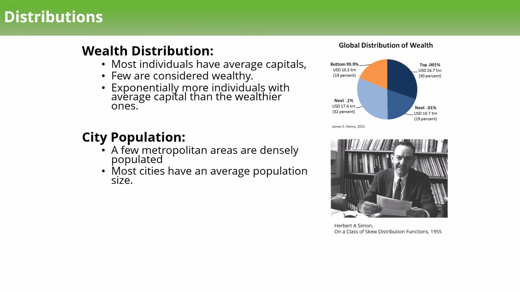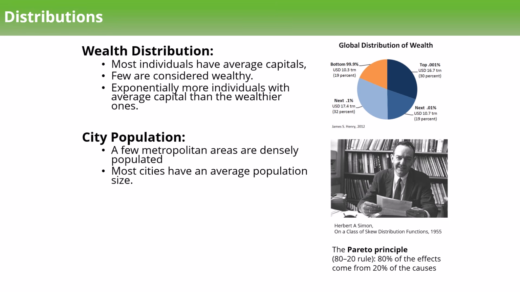Then power law distributions appear in many real world situations. The first one is wealth distribution. Most people have moderate wealth. Only a few people are extremely rich. City population: most cities have average population. Only a few cities become huge metropolitan areas.